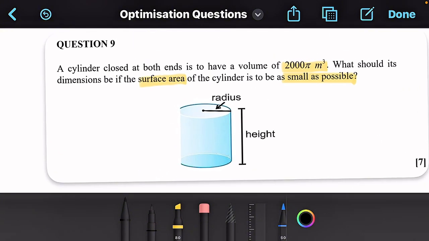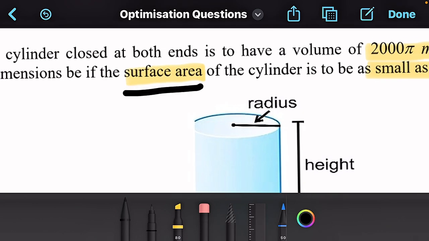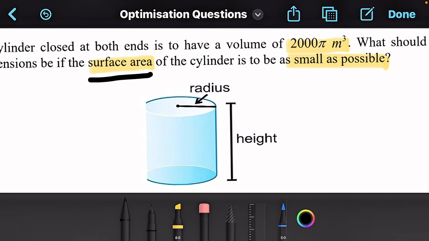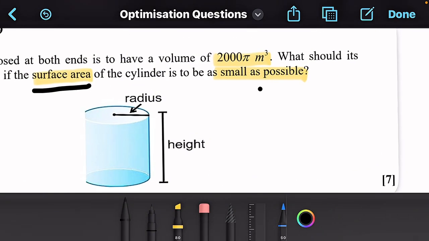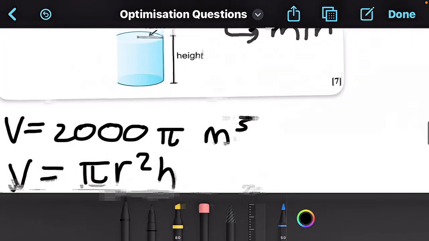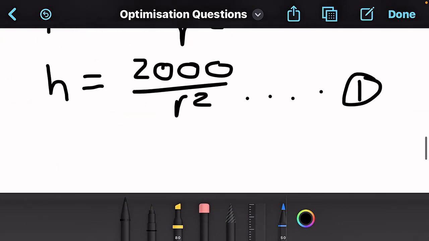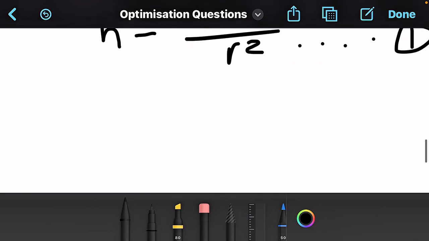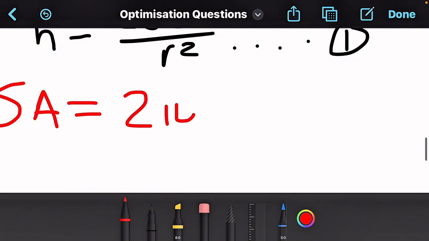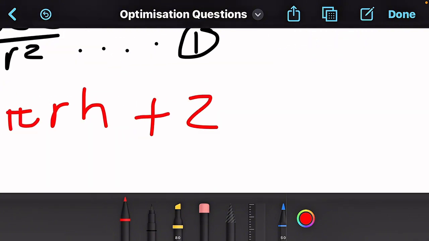What should its dimensions be if the surface area of the cylinder is to be as small as possible? So they want the minimum value, okay? We know the surface area of a cylinder is 2 pi r h plus 2 pi r squared.